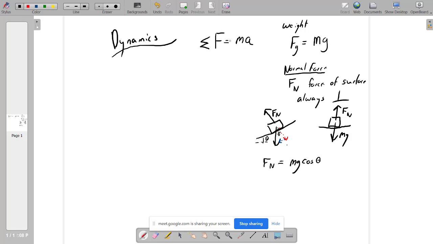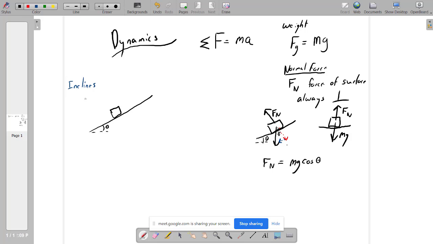Since we're dealing with inclines, let's look a little bit more at inclines. Let's say we have an object going up an incline, with this angle.